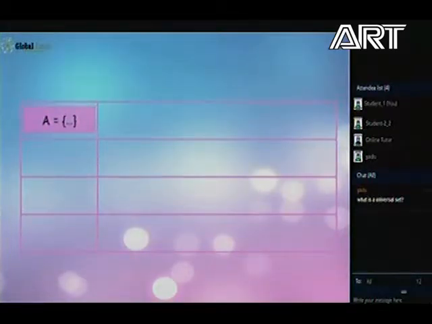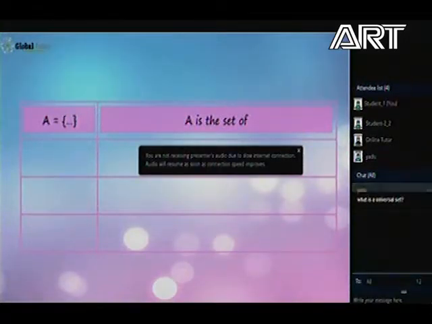We shall now go through a small chart that all of you should mostly focus on. When in your exam paper or exam question they say something like A equals so and so, it says A is the set of.